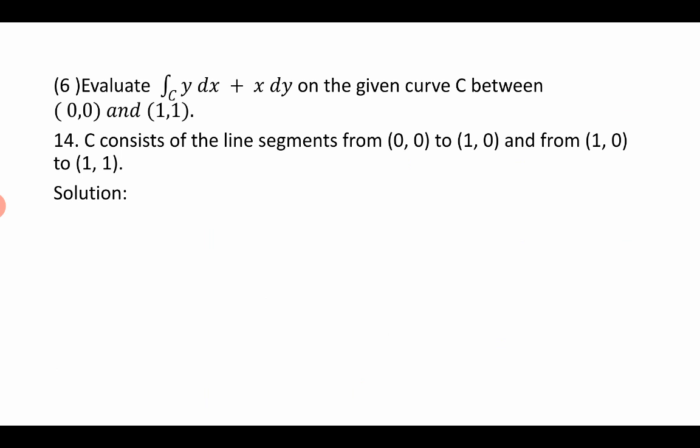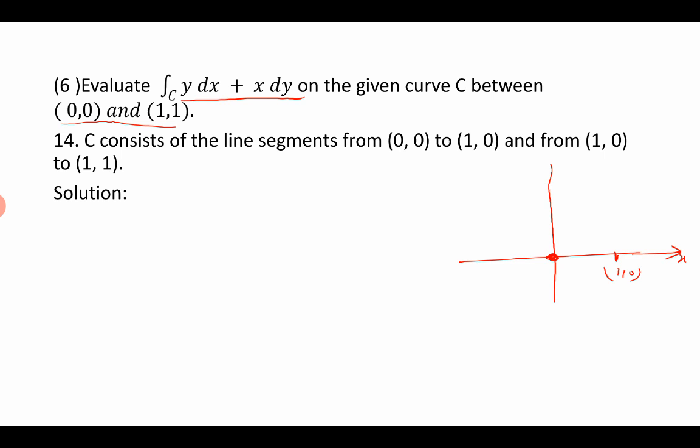Now a similar type of question you have to do. This is the integration y dx, given curve C between 0 0 and 1 1. C consists of 3 line segments. What are they? 0 0 is the origin and 1 0 is on the x-axis, isn't it?